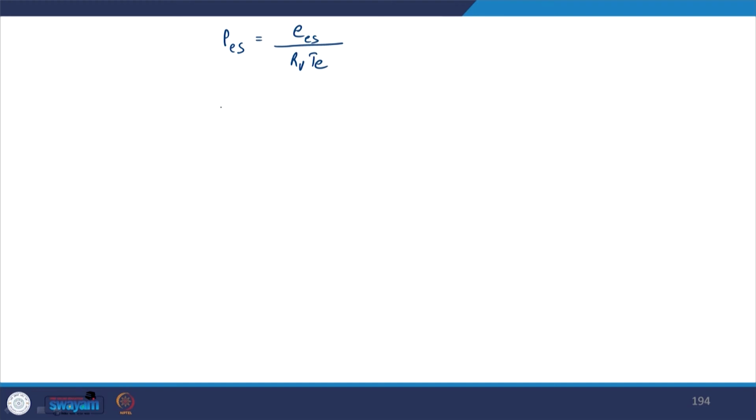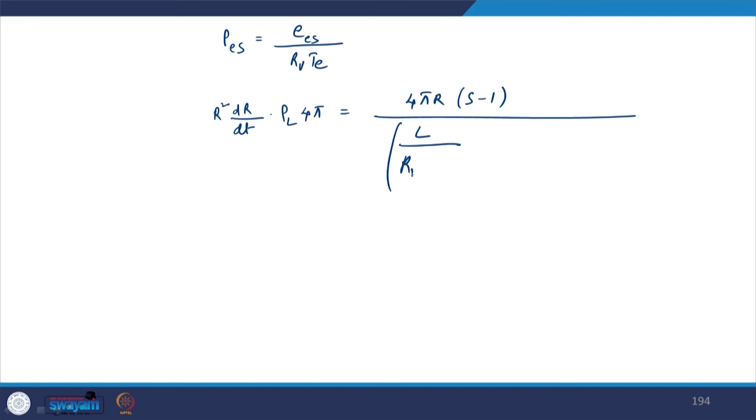So, let us say we use this density change: R square dr over dt into rho L times 4 pi is equals to 4 pi r times the supersaturation ratio divided by L by RV TR minus 1 into L by K TE plus 1 by D rho ES.